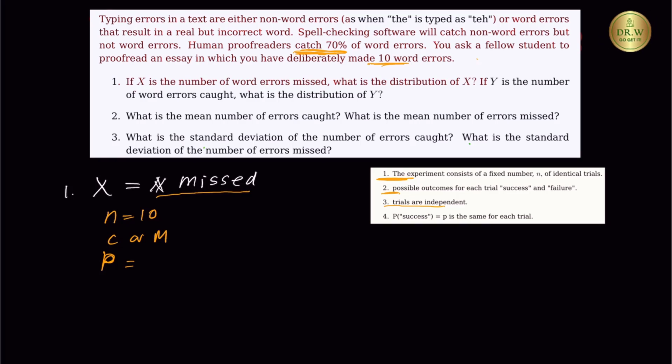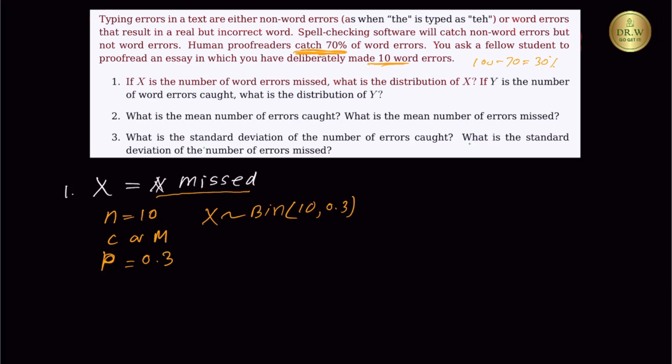How do you find it? 100 minus 70, that is 30%. So, probability is 0.3. All four conditions are satisfied. Therefore, we can say x has binomial distribution n equal 10, p equal 0.3.